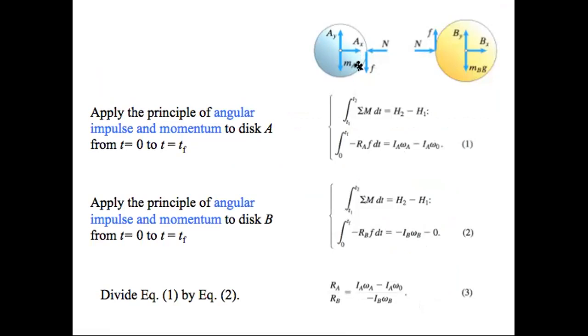For this reason, for disk A, the friction is downward. Based on Newton's third law, the reaction has the same magnitude but opposite direction. So the friction force applied on disk B has the same magnitude F, but the direction is upward.